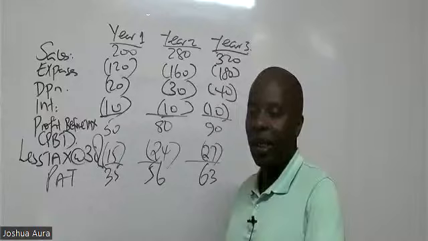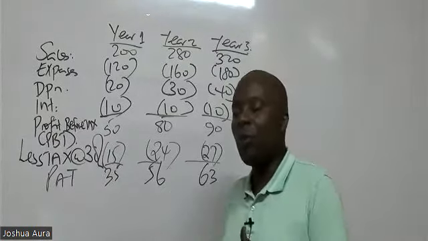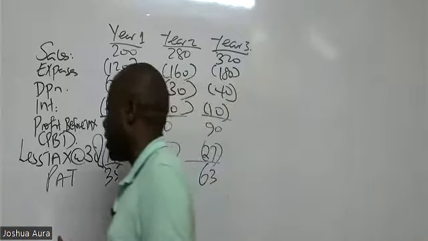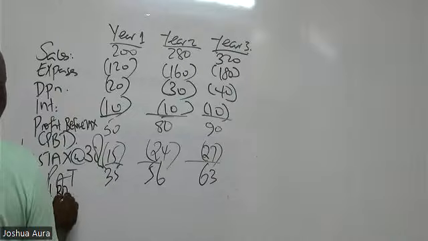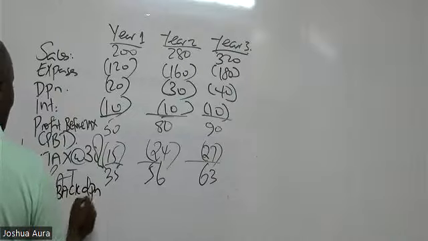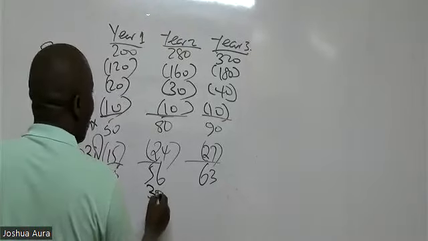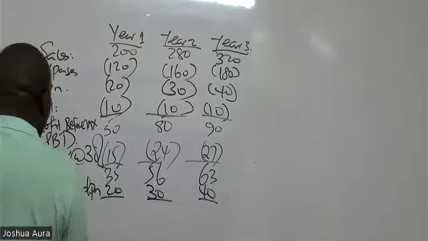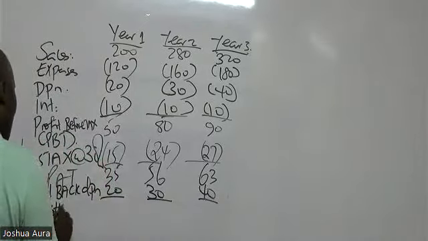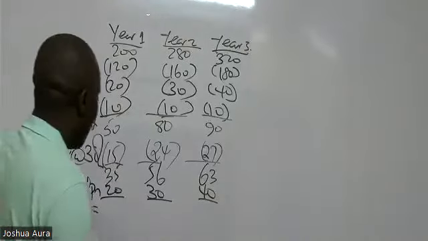That's how you write it. To change profit after tax to cash flow, you add back depreciation. Depreciation here is 20, here is 30, here is 40. You add back depreciation for you to get our operational cash flows.